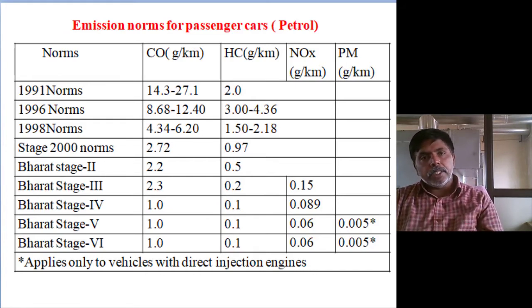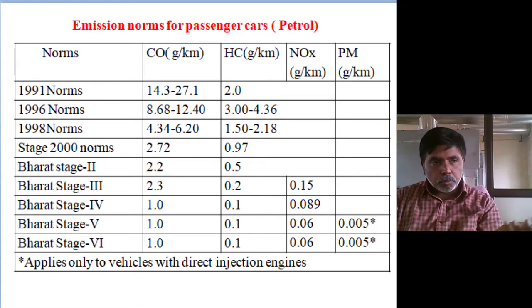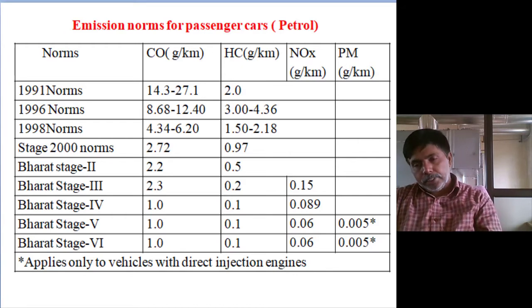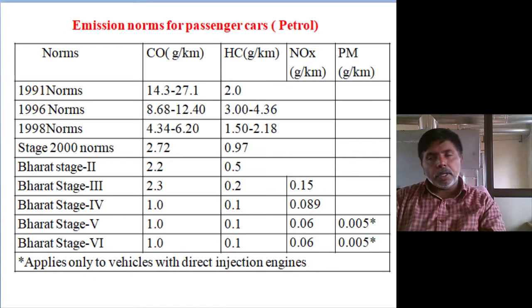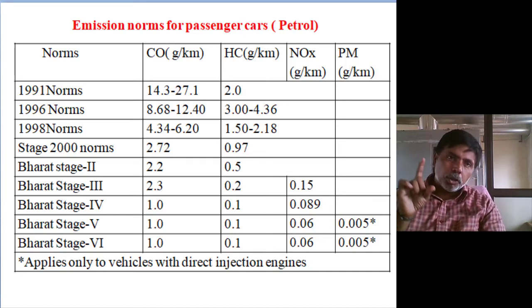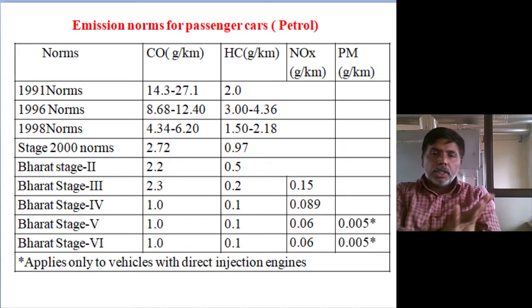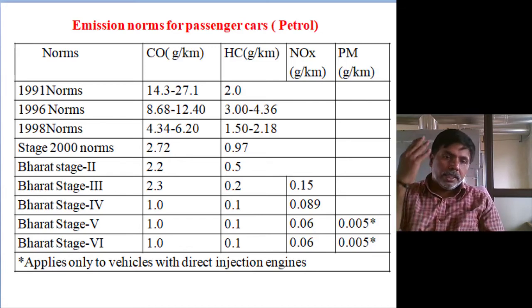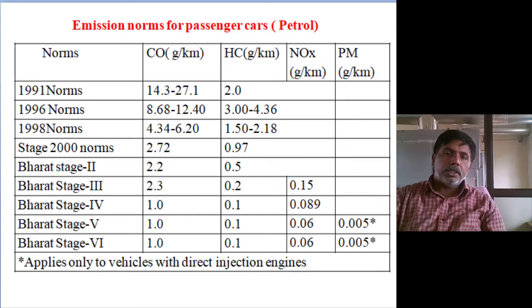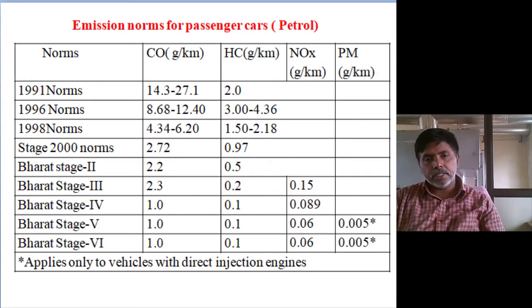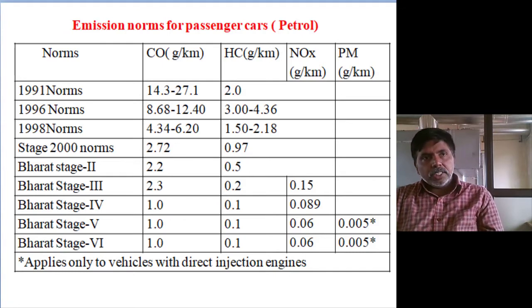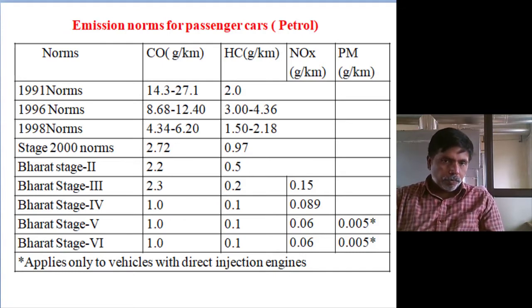Generally particulate matter does not come in spark ignition engines, but in injector based spark ignition engines, like the Bosch engine, we can expect particulate matter. Where a heterogeneous mixture comes into the picture, there particulate matter comes into the picture. The allowable range from 1991 to the present: for four wheelers Bharat 6 is running, for two wheelers and three wheelers Bharat 5 is running.